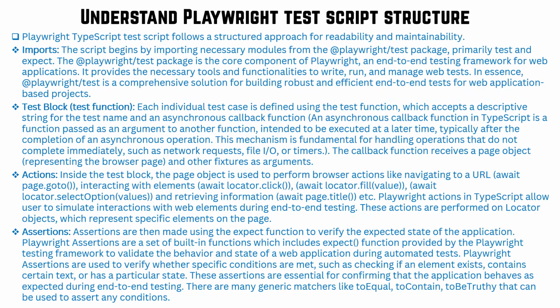In that spec you have a couple of sections: the import, the test block, which is nothing but the test case, actions where you can perform different actions like navigating to a page, identifying an element, doing some operation, and assertion, where you are verifying, or adding the validation point.